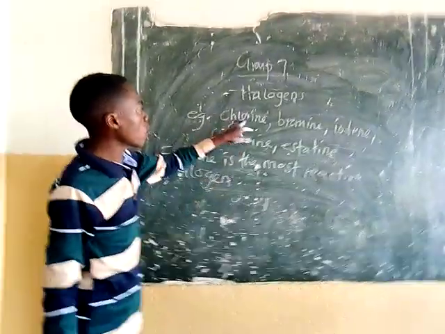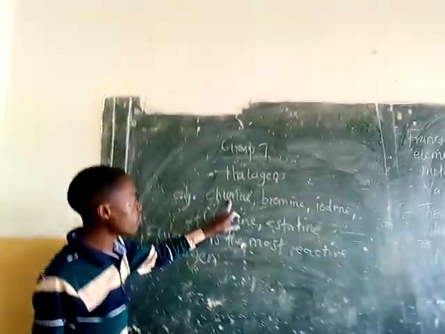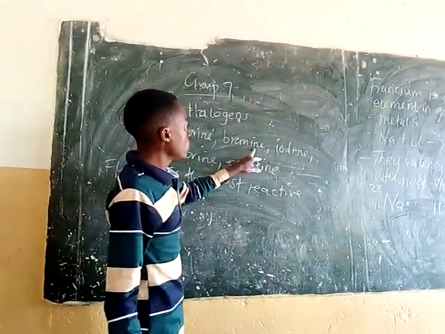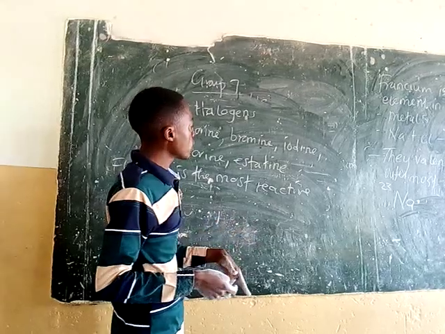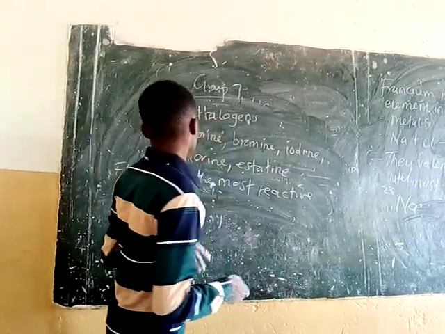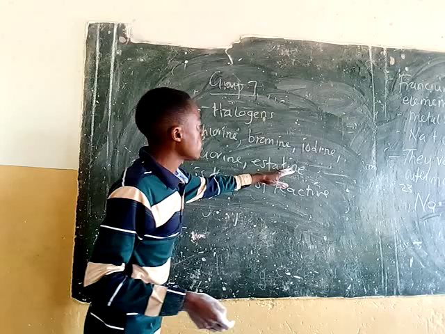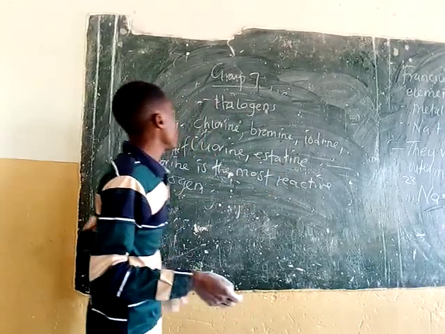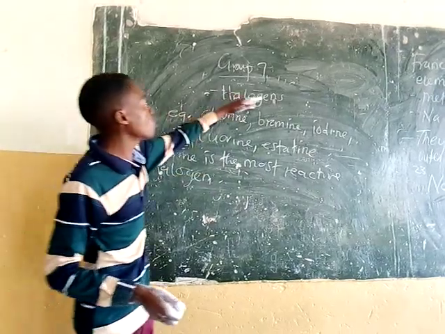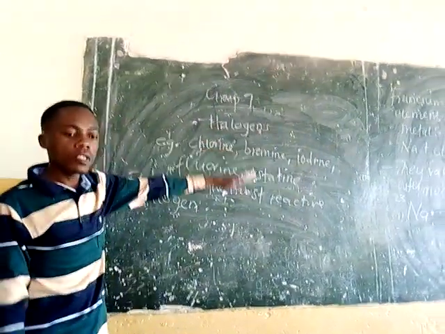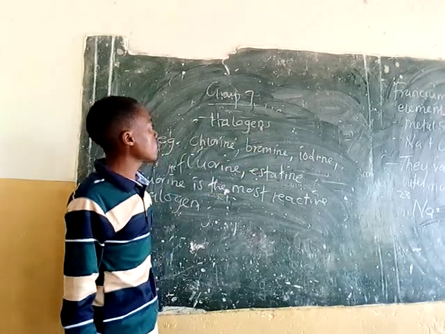For example, chlorine is a gas at ordinary temperature. Bromine is a liquid, but it can also exist as a vapor at room temperature and pressure. Iodine is a solid. Fluorine is a gas, and astatine is a vapor or a solid at room temperature and pressure. So halogens exhibit different physical states at room temperature and pressure.